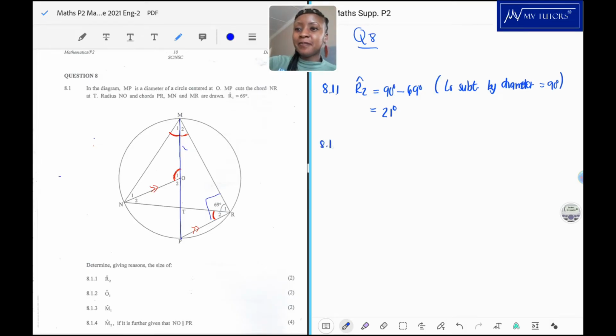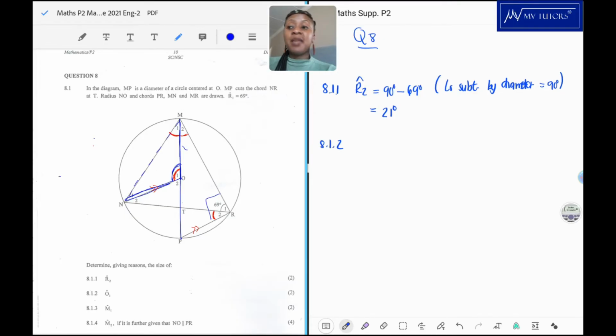Now we look at O1. So again, remember that when you have a circle with the center, the angle at the center is twice the angle at the circumference. So which chord would be subtending those angles?